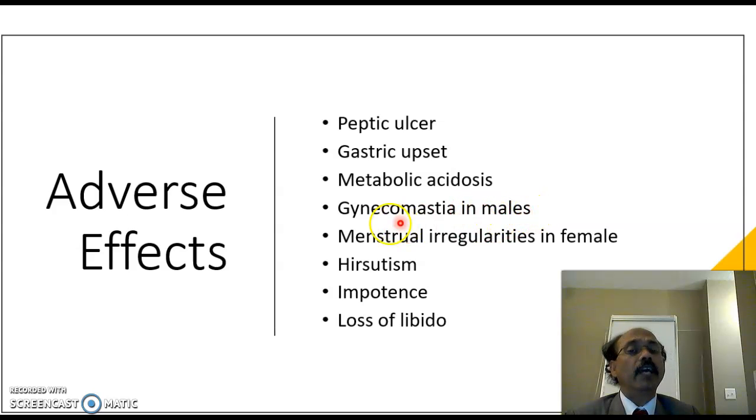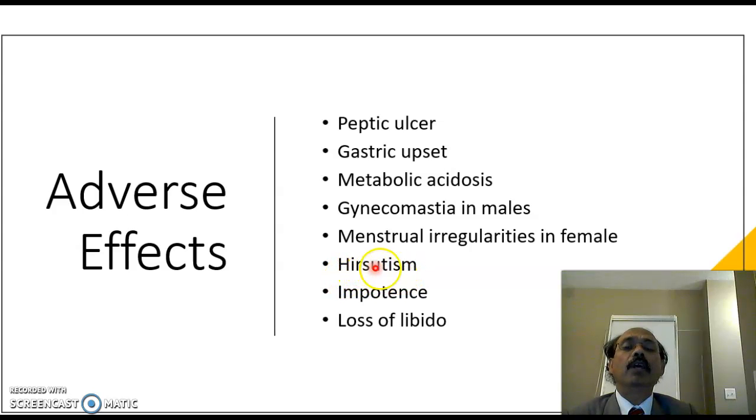Gynecomastia in males. What is gynecomastia? Enlargement of the breast in a male individual. Menstrual irregularities in females, because it is a synthetic steroid and it works on the activity of other steroids. It may lead to hirsutism. What is hirsutism? That is the growth of hair in unsightly places.